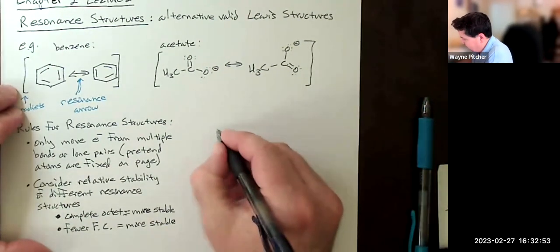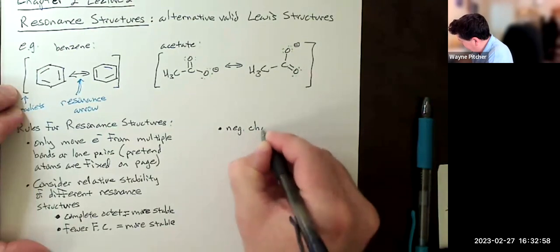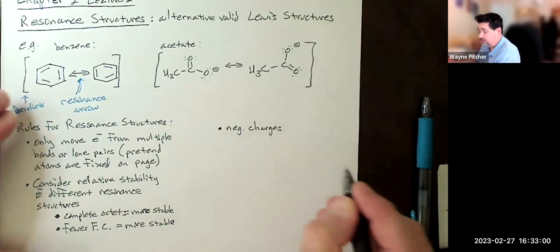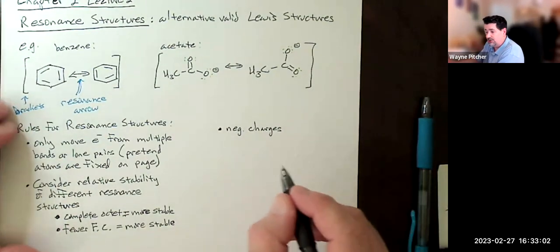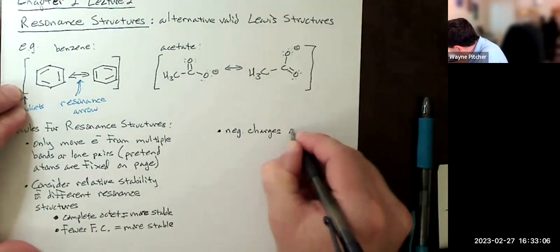We also have more stable resonance structures when negative charges are on more electronegative atoms.